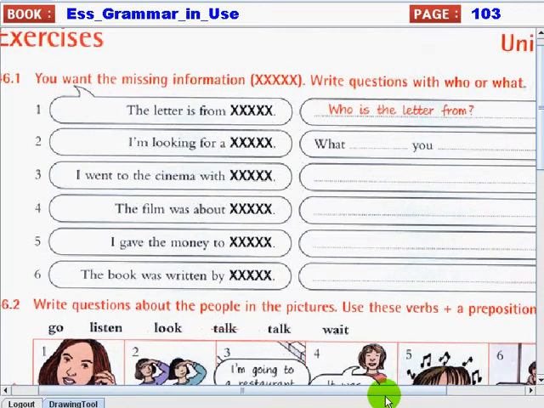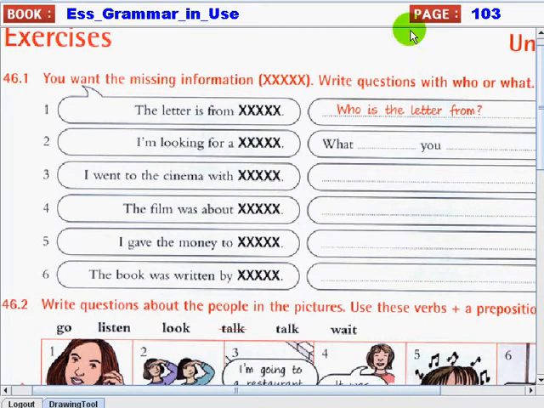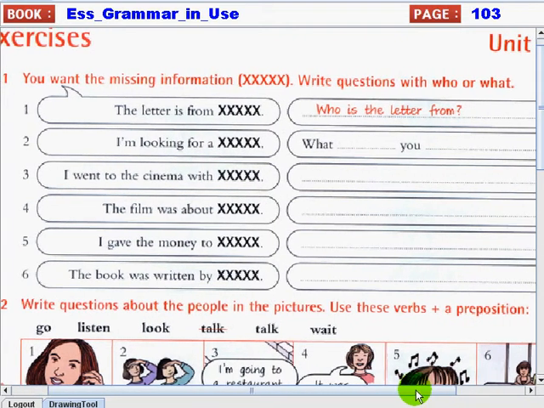Now in these exercises 46.1 and 46.2, first, focus here. I want you to write questions with who or what, because you want to find the missing information.